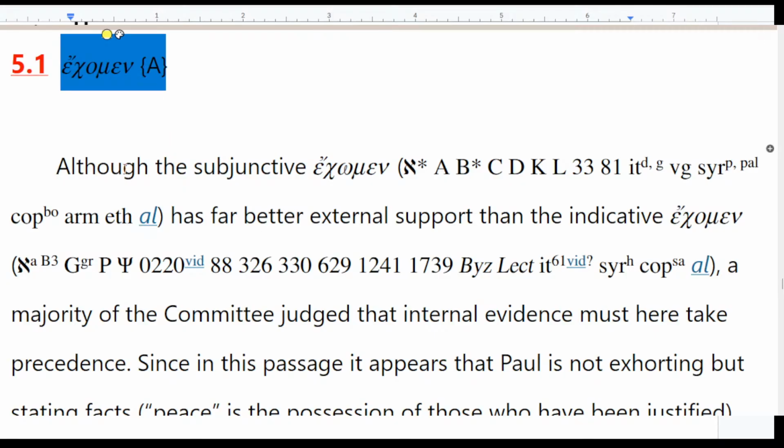So it says, although the subjunctive echomen, let us have peace, appears in Sinaiticus, Jank, you were asking about that, the original hand. That's what the asterisk is there, the original hand.